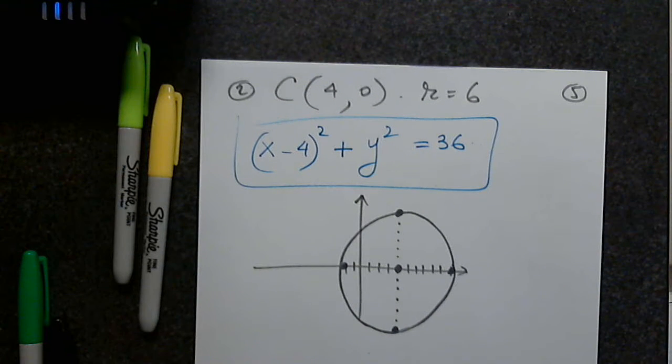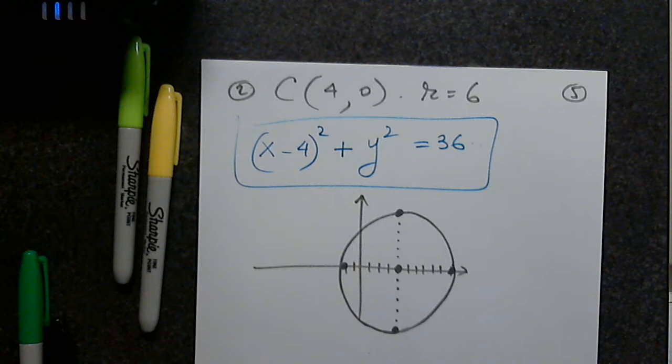This is the equation of the circle. And this is the graph of the circle with a center 4, 0 and a radius of 6. You made it up. Any questions?